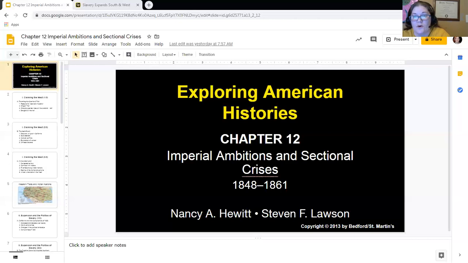And so this, of course, protected slavery, and it appeased the Southern slaveholders. Now, as we continue to inch into the West, we'll have new states that need to come into the country, and their fate on slavery will need to be decided. So that brings us to Chapter 12, Imperial Ambitions and Sectional Crises.